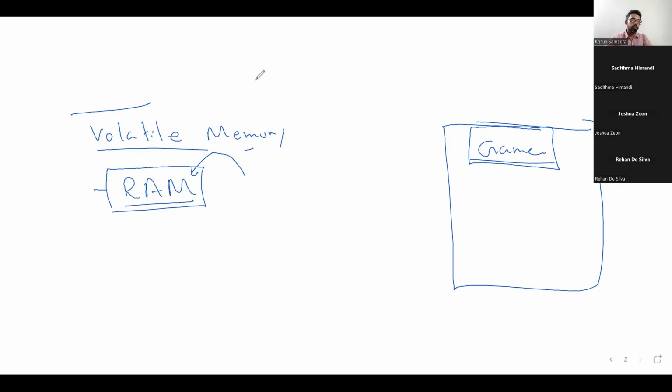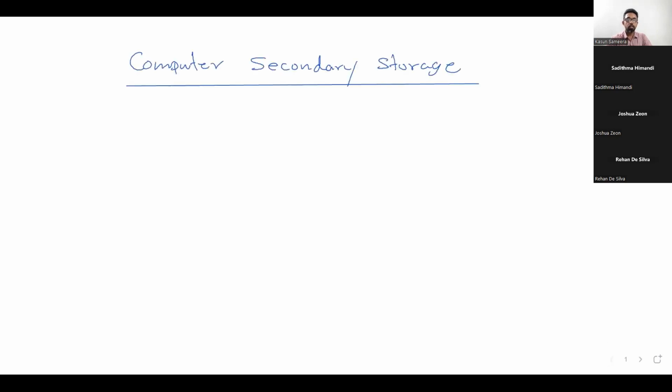Right. Now, I'm not talking about volatile and non-volatile memories. I'm talking about secondary memories here. That means secondary storage only. The primary memory I will discuss later.